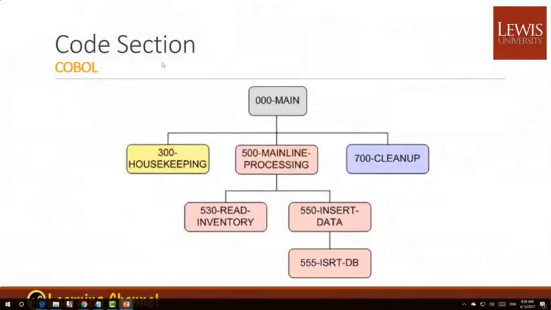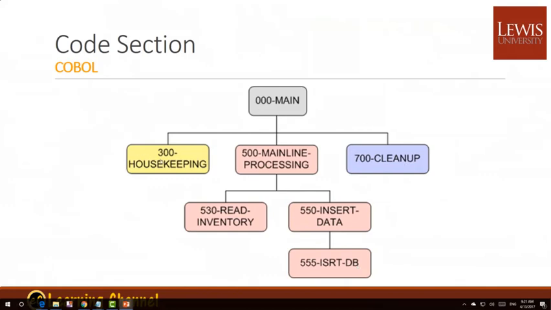And COBOL's sections look like this. You have 000, this is the section name. You have main, and then 300 for housekeeping, 500 for machine processing, and then you divide it into 530 re-inventory, 550 insert data, 555 insert database, 700 cleanup.